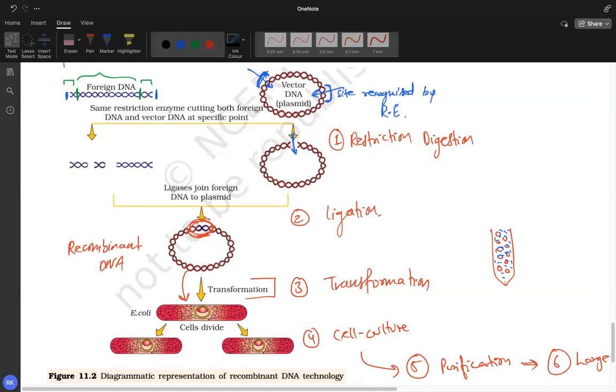So, by observation, people in earlier periods also thought that mosquitoes cause malaria. But then the question is, we are bitten by mosquitoes multiple times, but we don't get malaria all the time. But sometimes we are bitten and we get malaria.